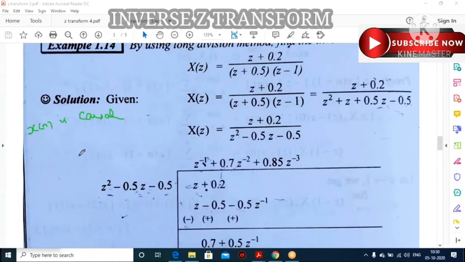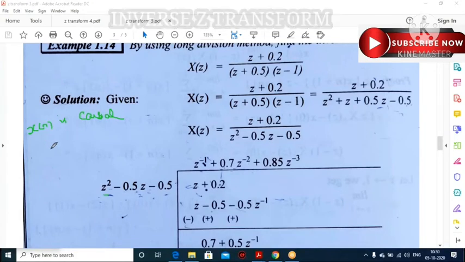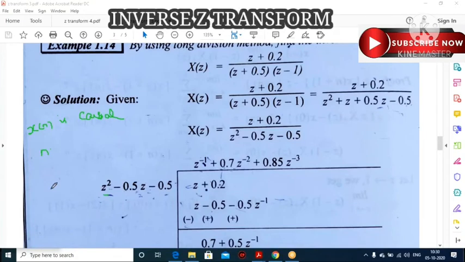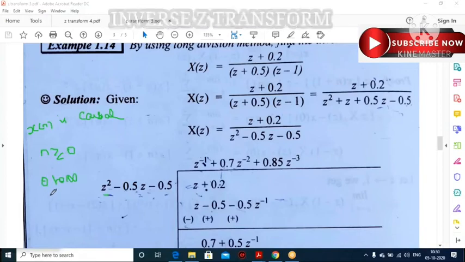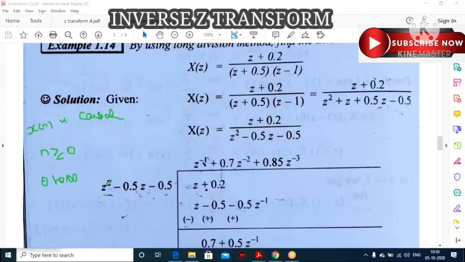If x of n is causal, it means we start from the highest power, because a causal sequence means n greater than or equal to 0, from 0 to infinity. It goes on to infinity. Your sequence should flow from 0 to infinity.